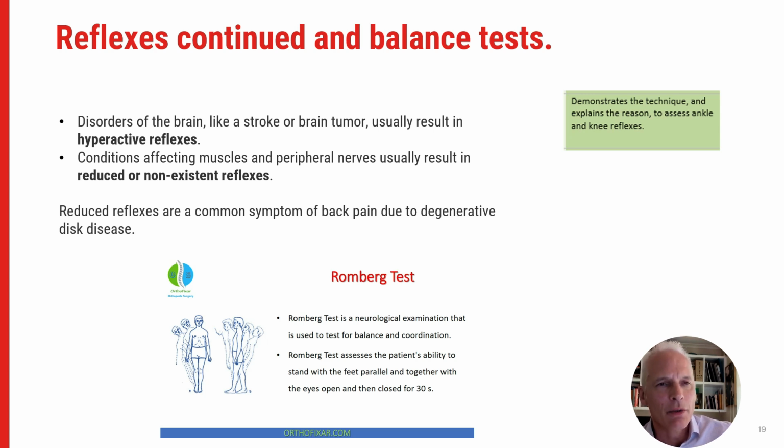Now, in addition to reflexes, it may be worth remembering that if you do have a patient who has suspicious balance issues or proprioceptive loss, you can also do a Romberg test. Very simple test. You get the patient to stand flat on the ground with their hands either side, and you get them to stand there with their eyes open for 30 seconds and then closed for 30 seconds.